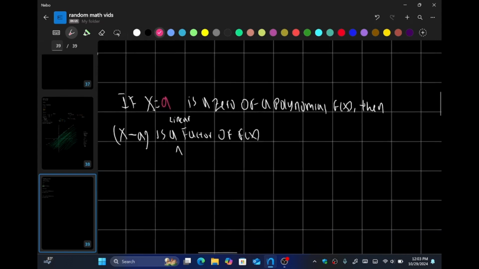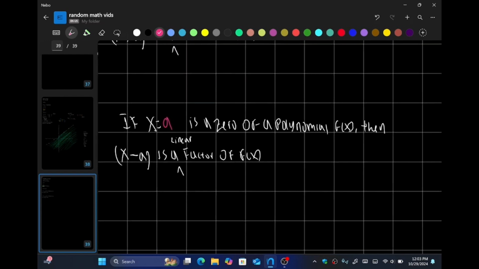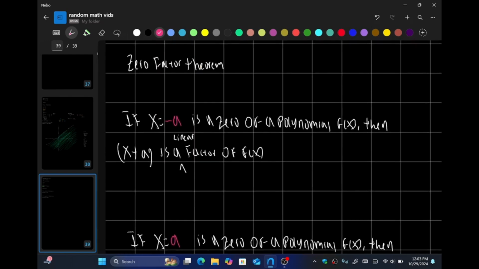Then x minus a is a factor of f of x. So here we want to understand these two things, guys.